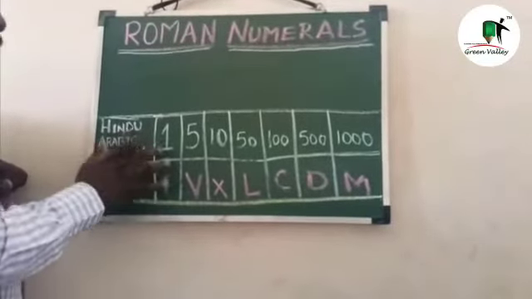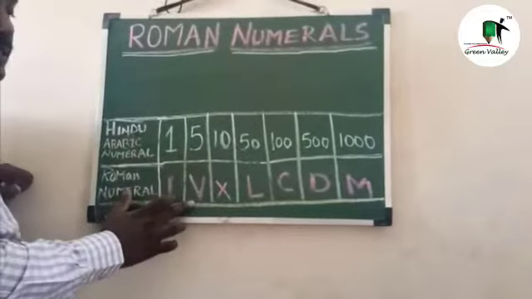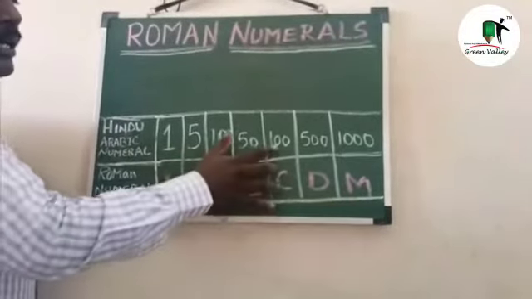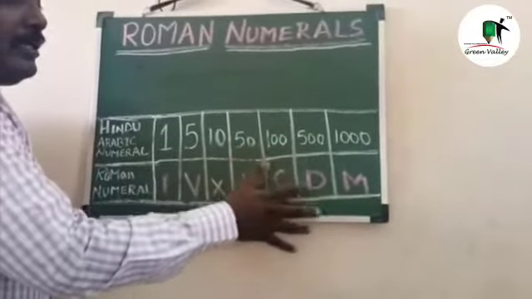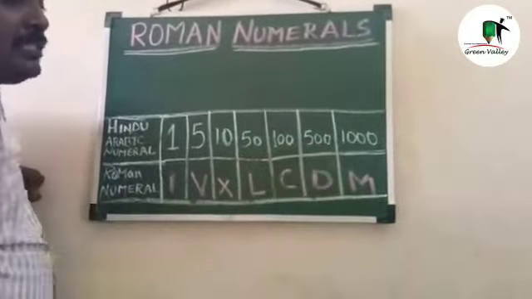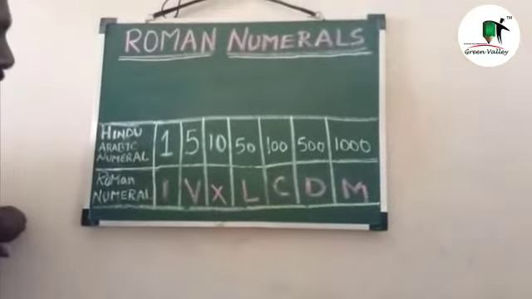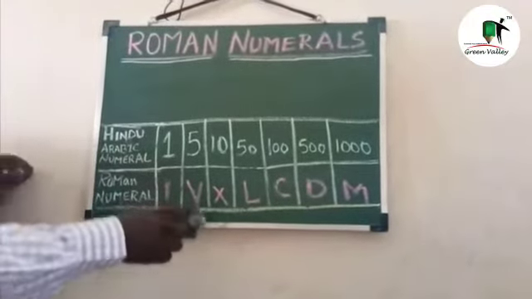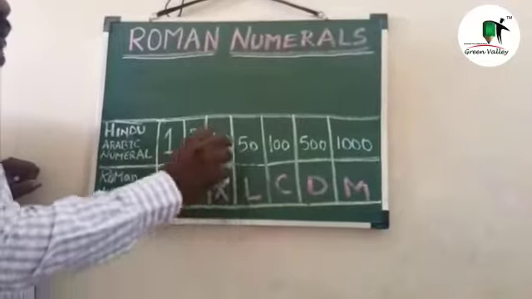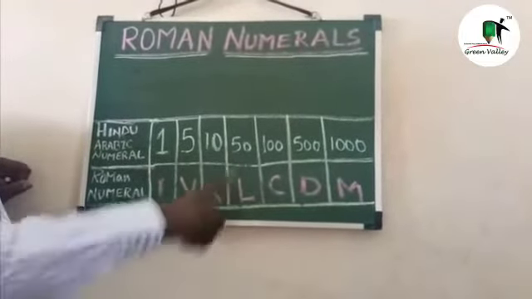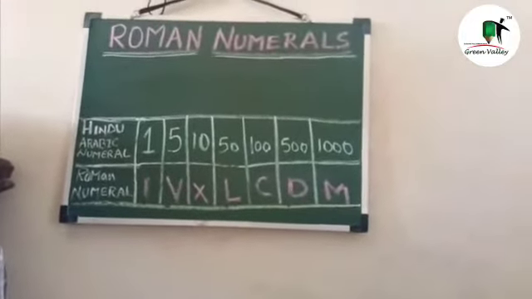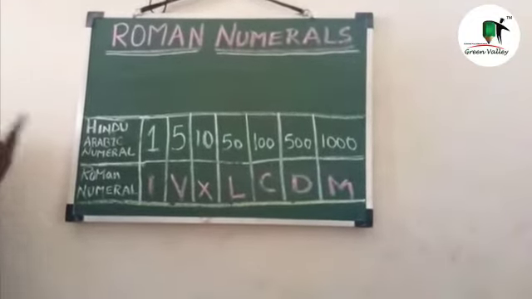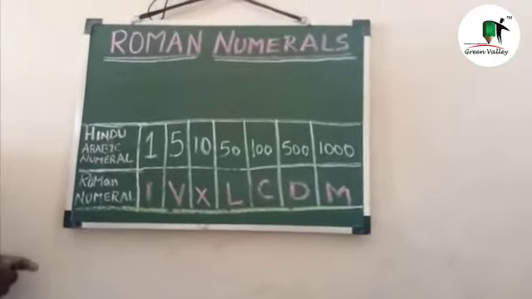I refers to 1, V refers to 5, X refers to 10, L refers to 50, C refers to 100, D refers to 500, M refers to 1000. Can you understand, children? Now we are moving on to the next concept.